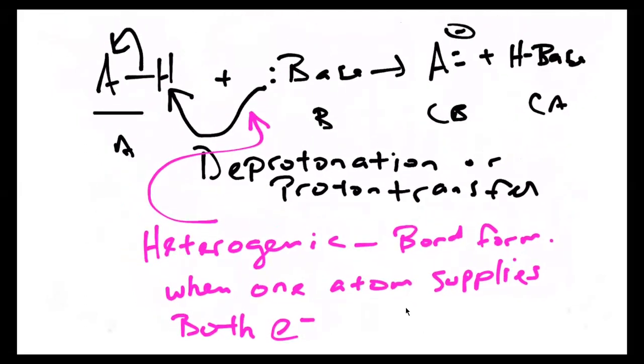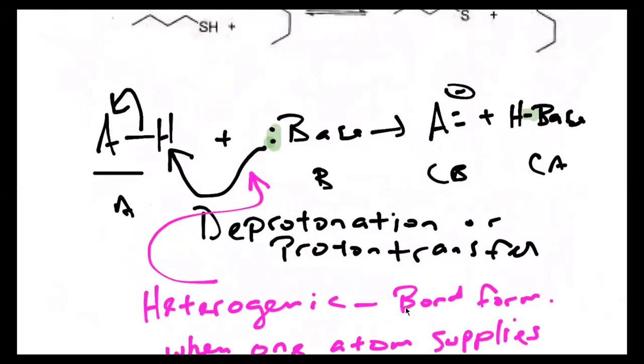Can you see here that the base gave both of its electrons to hydrogen to make the bond over here? Yes or no? Yes. All right. And by the same token, you see how the H-A bond breaks and both electrons go back to A?